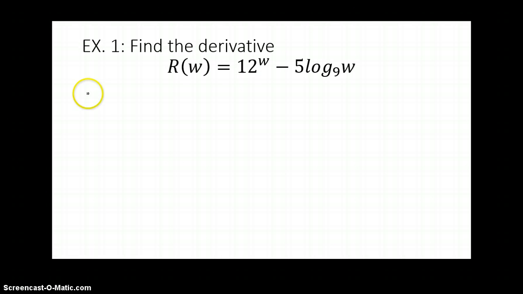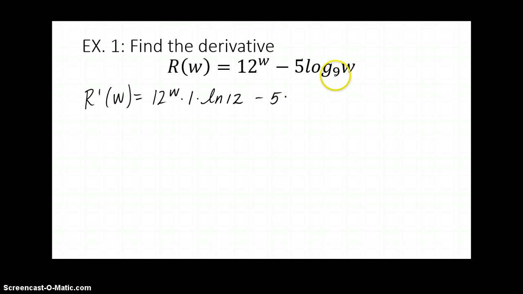Find the derivative. So r prime of w. The derivative of any exponential function is itself times the derivative of the exponent, but now because the base is not e, we have to multiply by the natural log of the base. Minus 5. 5 is just a coefficient, it stays put.